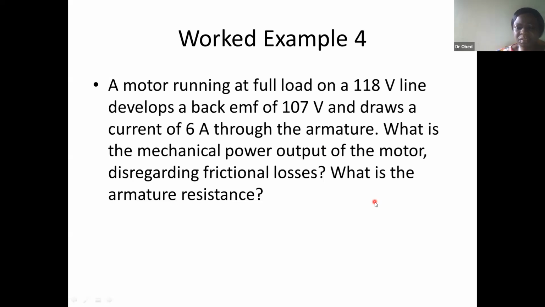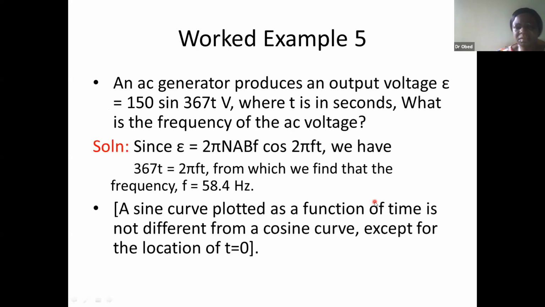So we go on to the next question. This question says an AC generator. I gave you the answer the other day, the time we had this class, and some of you confirmed it immediately by sending me messages that the answer was correct.